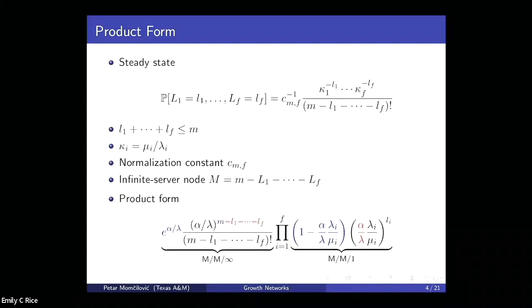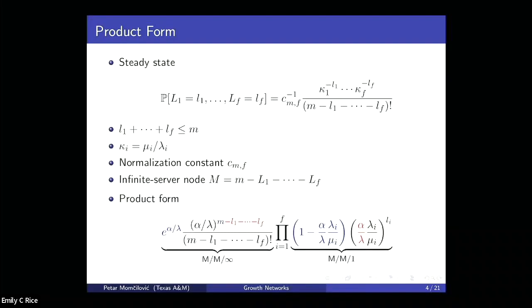The red things cancel, and the blue things are constant. You can take them out and put them here, and that's why people typically write this formula right away. They don't bother with this, but it's just to show that this is just product form, nothing else. It's very simple.